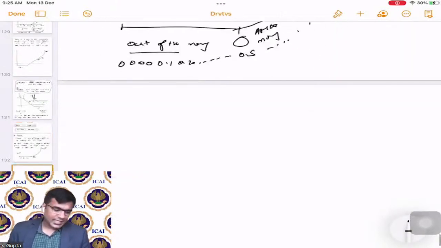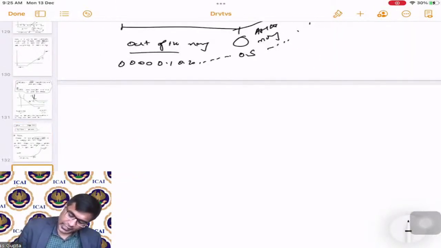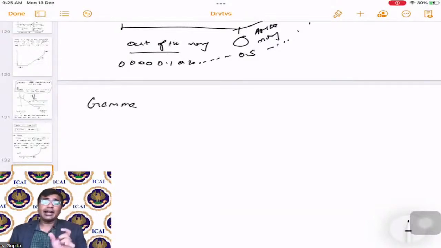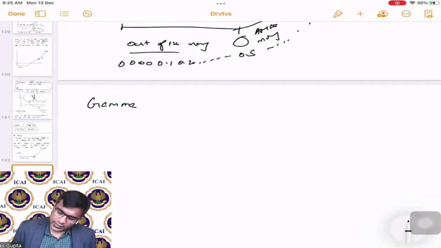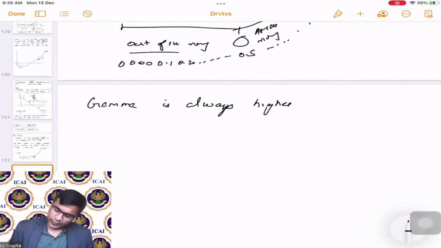So we can say that gamma is always highest because it measures the rate of change in delta. The rate of change in delta is highest at the money, always highest for at the money options.